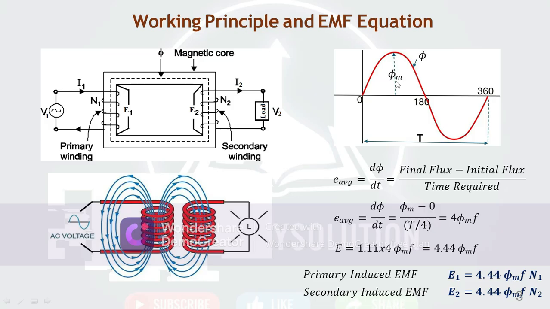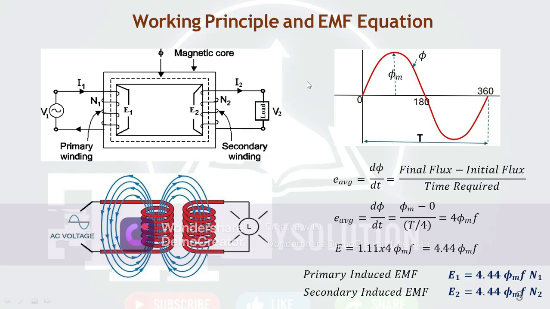This flux is a sine function, because it is generated by a sinusoidal voltage. So the flux starts from 0 and ends at 360 degrees. Here is the maximum value, phi m.